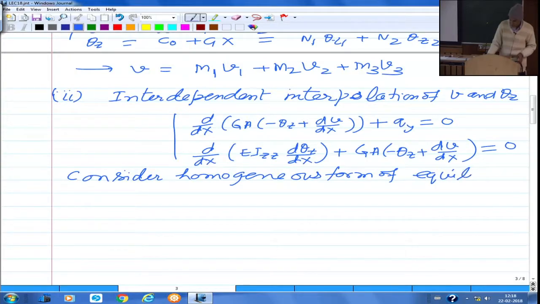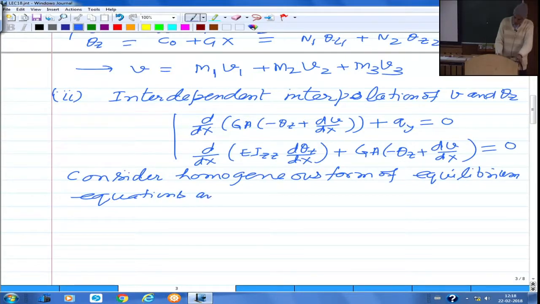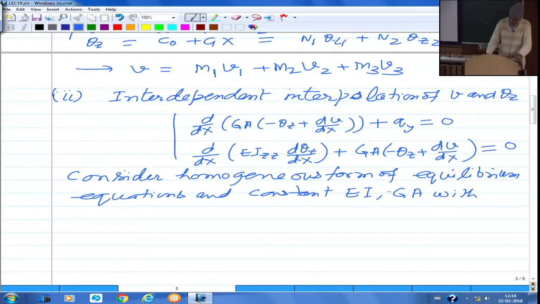We will make one more assumption: constant EI and GA within the element. So under this condition, we can integrate these equations and get the interpolation function.